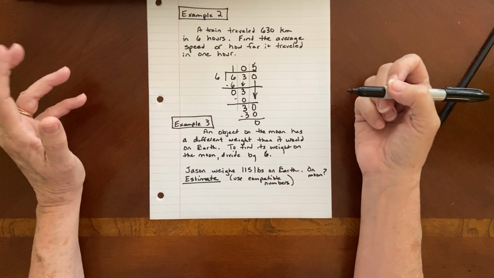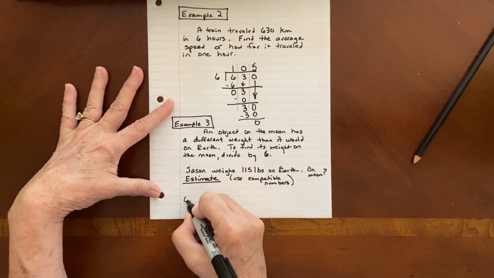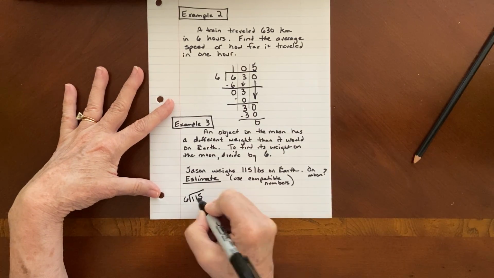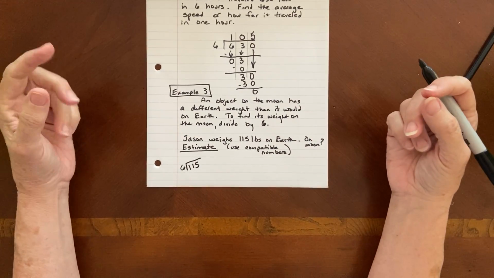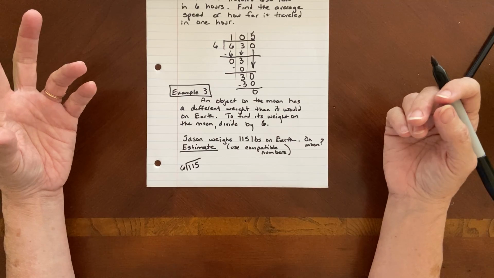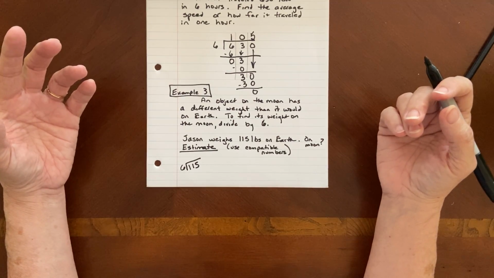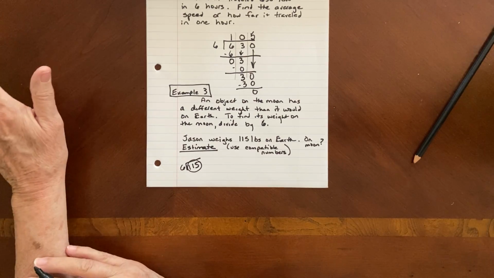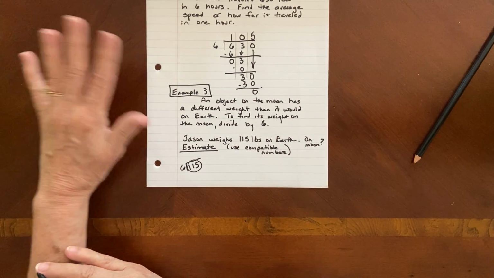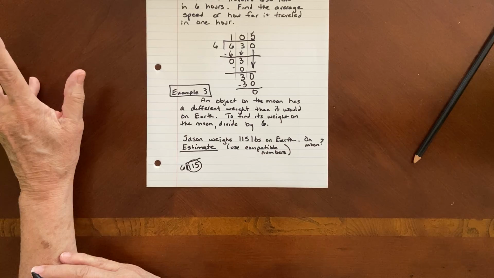So I'm going to use compatible numbers. So here's my real problem, but I don't want to do that because it would involve calculations. Remember, estimate, I want to be able to do it in my head. So I'm going to change this number here to something that is a multiple of 6, something that 6 would go into easily that I could do in my head.